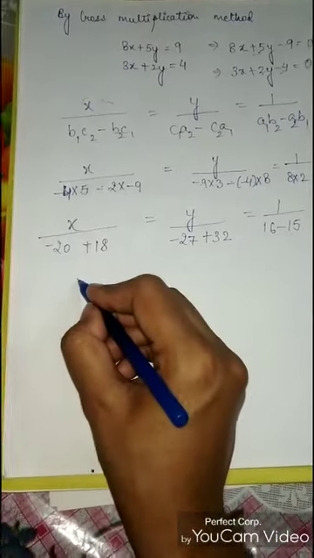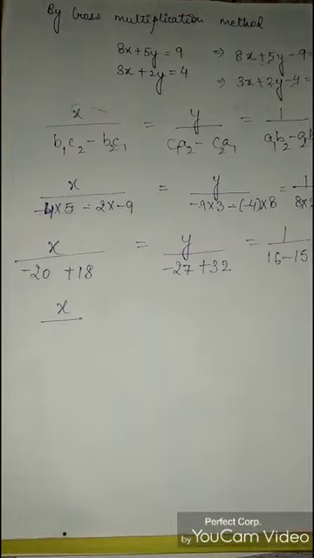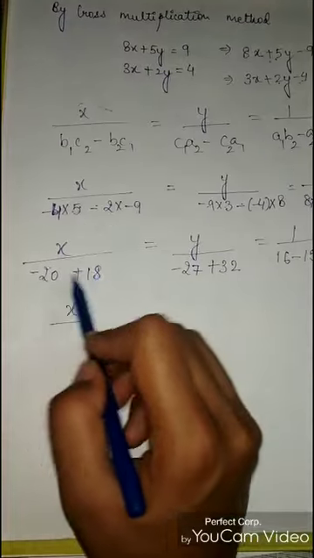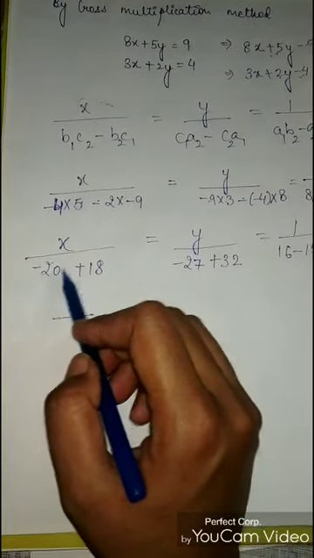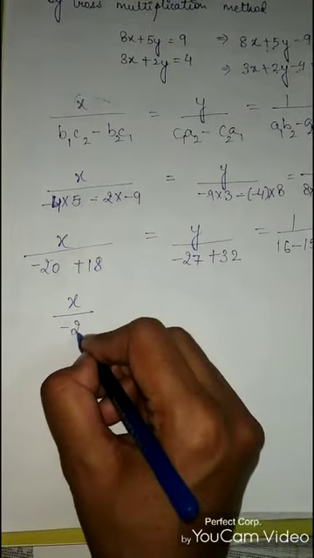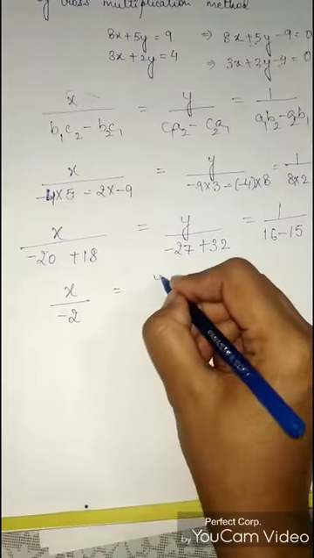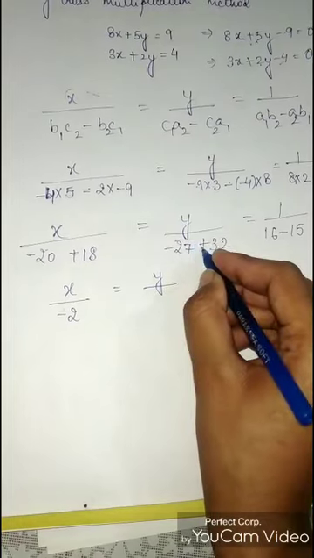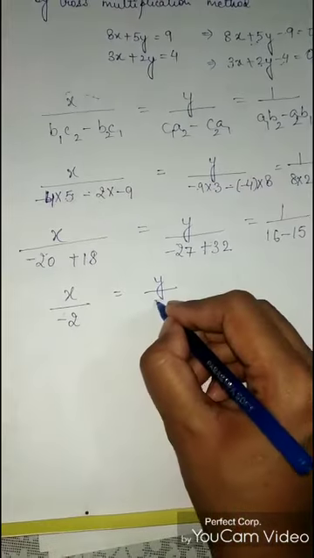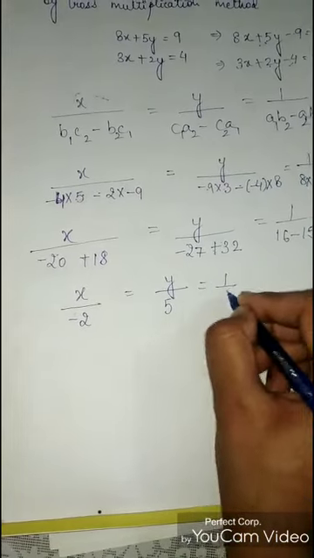So this will become x upon, plus minus minus, sign of the greater number, 20 minus 18 is 2. So minus 2 is equal to y, which is plus minus minus, sign of the greater number is positive. So this is equal to 1 upon 1. 16 minus 15 is 1.